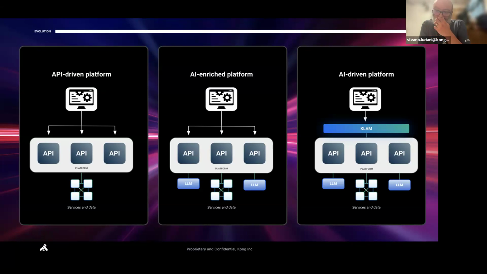I think on the documentation side, we are starting to see that. A lot of docs out there now have some Gen AI features that can really do this for you.